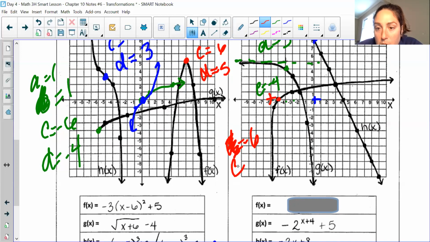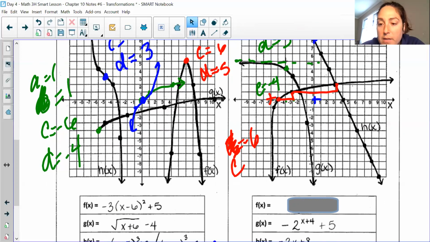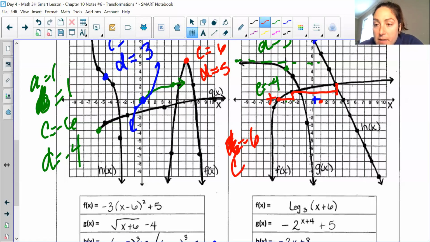And now we need to look at our change. So here we have right 2, up 1, right 6, up 1. And then continue on. So it appears here that the base is 3, but just to be sure, let's graph the parent function really quickly.